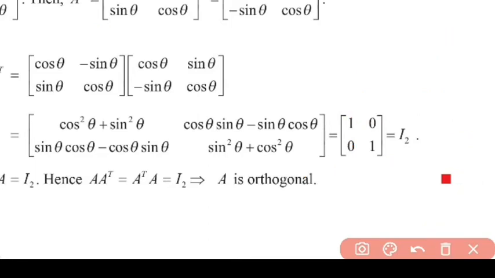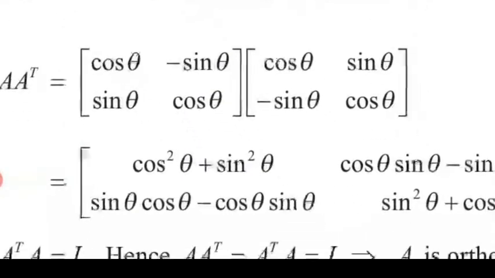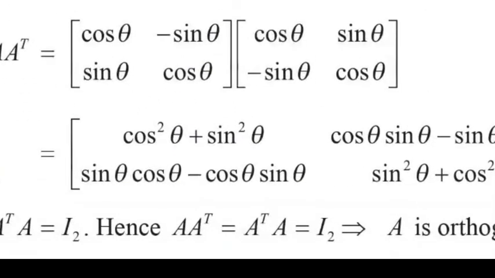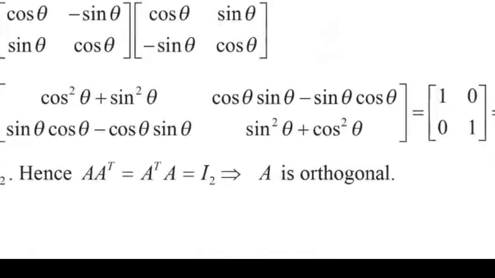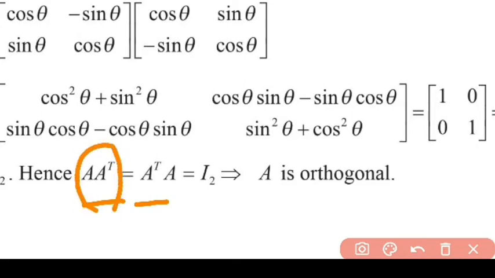Only after that should you write the answer. The book itself gives only one proof; the other proof you can do yourself. Then write the answer from 1 and 2: A into A transpose equals A transpose into A equals the unit matrix of order 2.